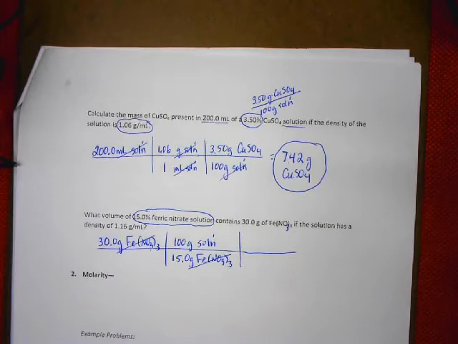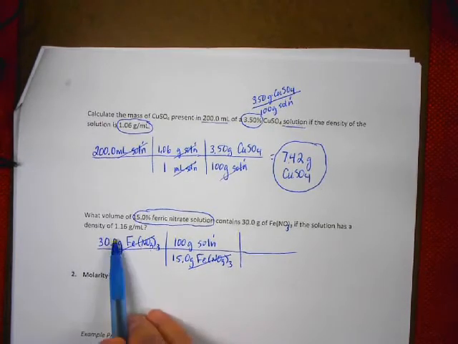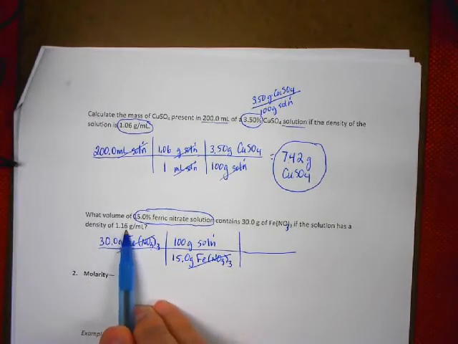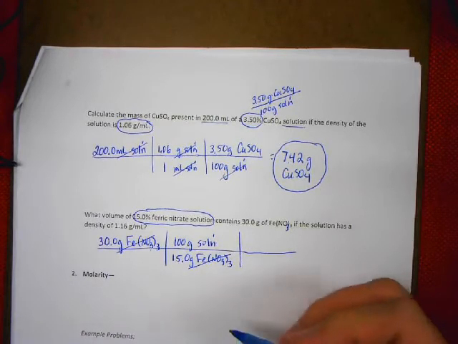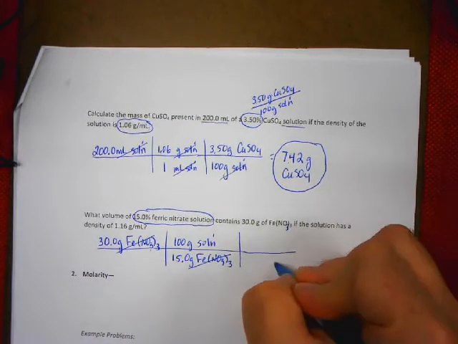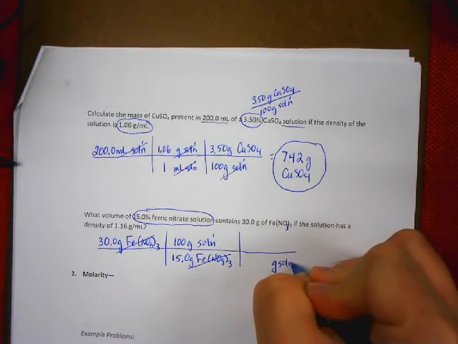Now we want to get rid of grams of solution and we want volume. Well, we know that milliliters is a volume. So we're going to use this density, 1.16 grams of solution per 1 milliliter of solution. We want grams to cross out, so grams of solution will go on the bottom.